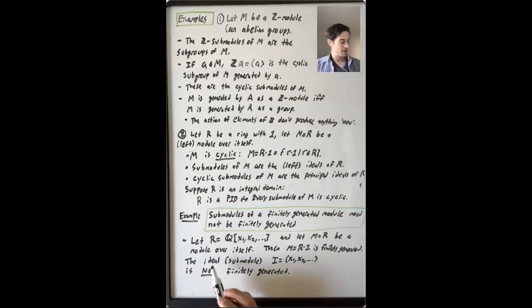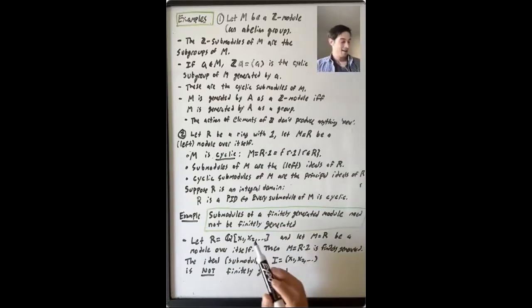If you take the ideal, which is a submodule, generated by x1, x2, all of these infinitely many variables, we have seen that this is not finitely generated as an ideal. It's not a finitely generated submodule.